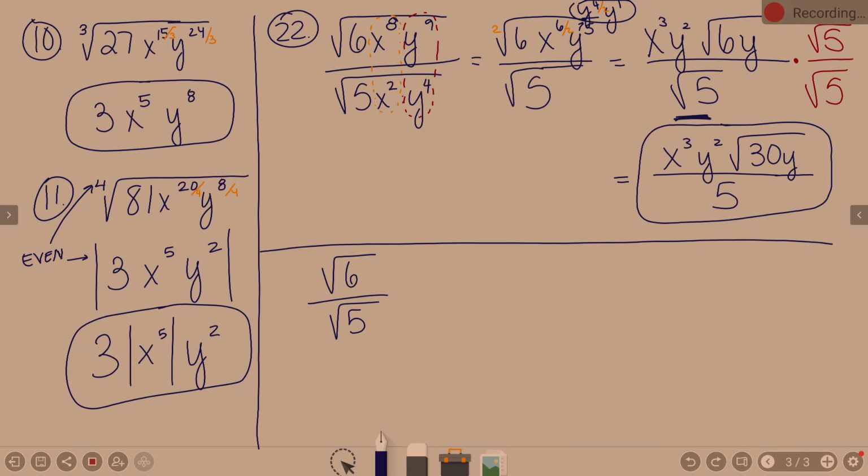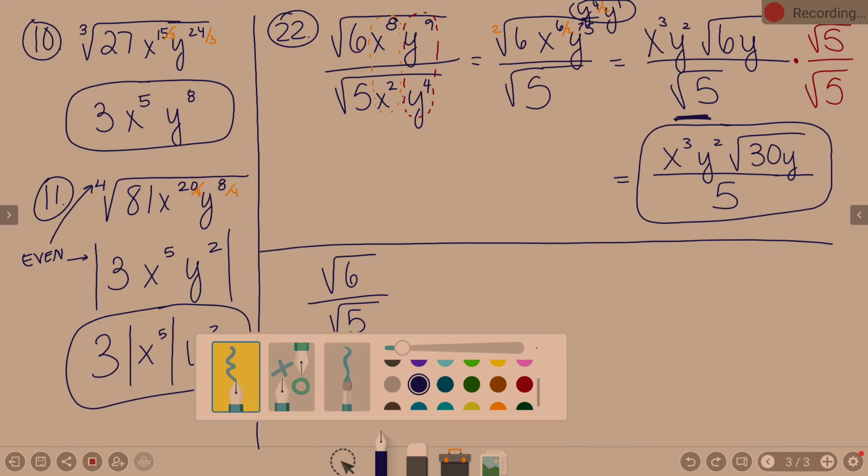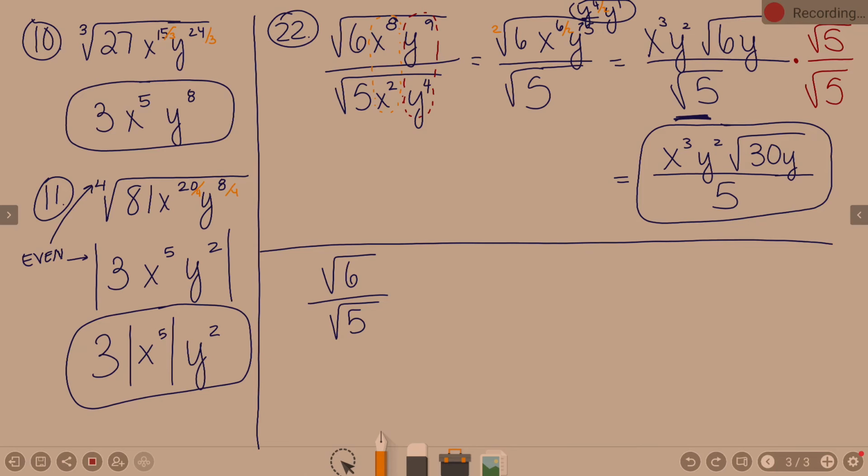So what is the one main step you would have had to do? You would have had to rationalize. And how would we rationalize that? You would multiply by square root of 5, top and bottom. I don't want to leave you overwhelmed by the bigness of this problem.